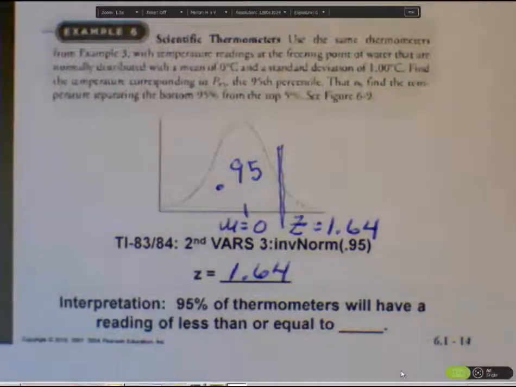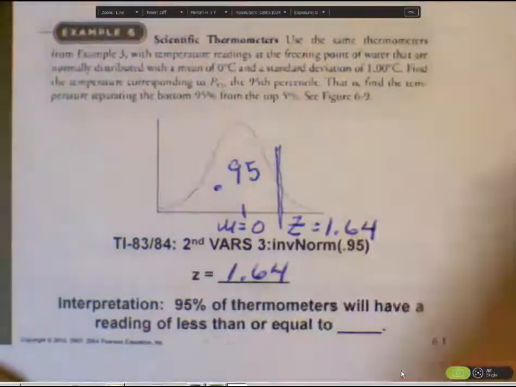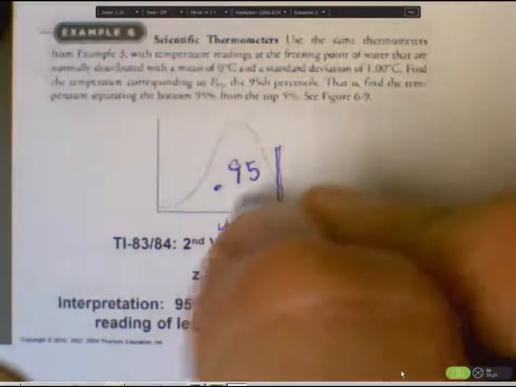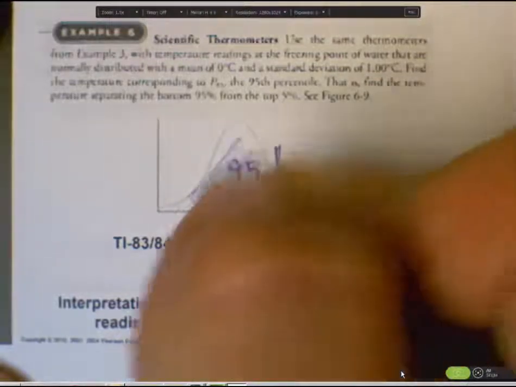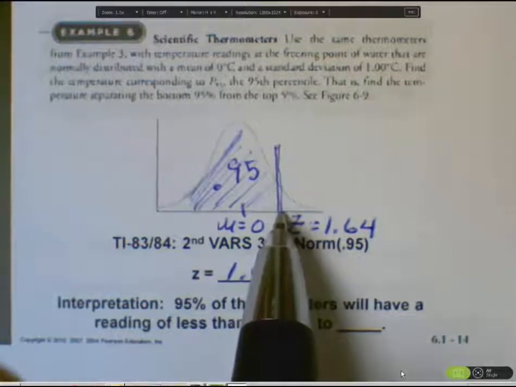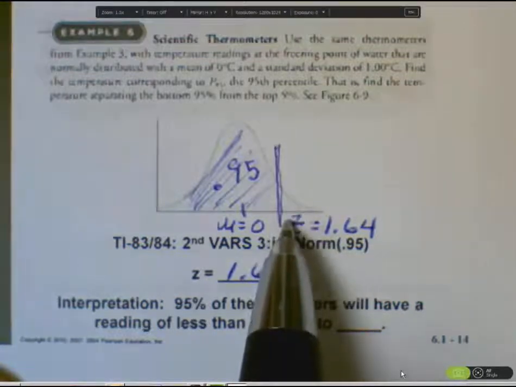Now, just for the heck of it, let's say we were just given this z-score and the question was, what is the probability that a thermometer would have a reading below 1.64?